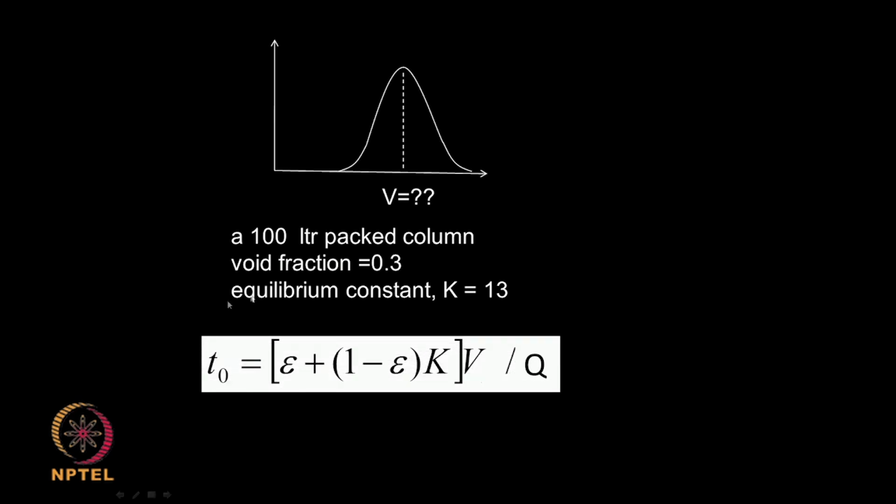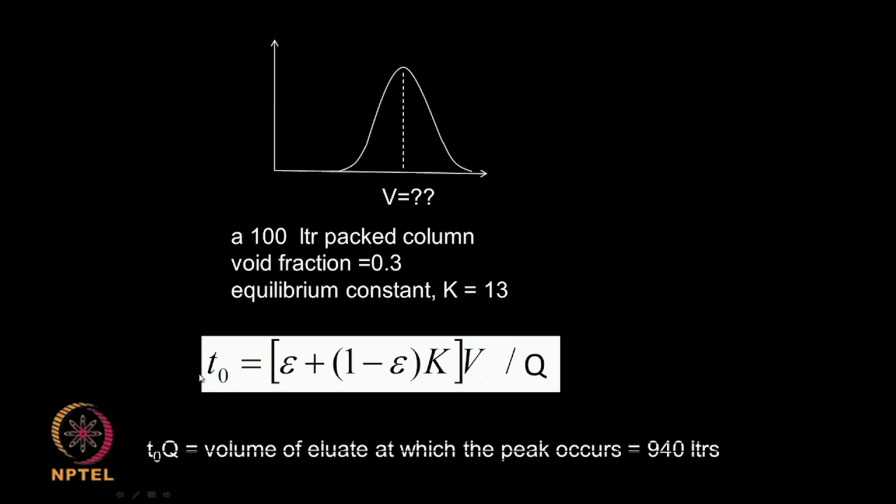You remember this equation? So, t naught is the residence time, Q is the flow rate. So, t naught Q will be the V, epsilon is given as 0.3, K is given as 13, volume of the column is given as 100. So, simple. You need to calculate t naught Q, very simple. When you do that, you get 940 liters.